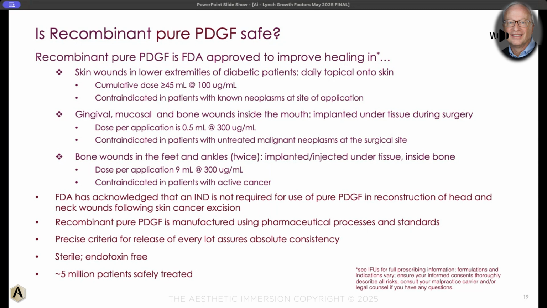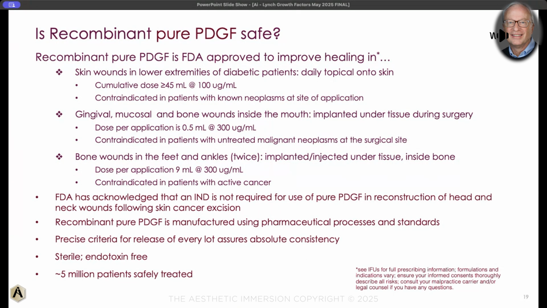So that's a third of the concentration that's in the small syringe in Ariessence. That syringe is 300 micrograms per mil, so it's more concentrated. But obviously, that's a half a mil compared to 45 mils that is FDA approved for treating these chronic wounds.